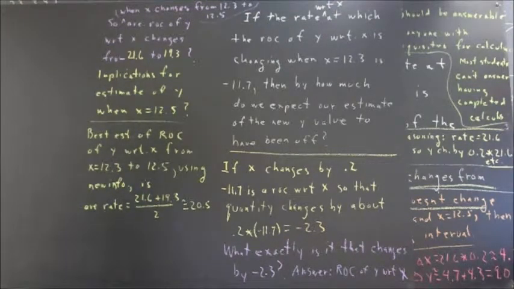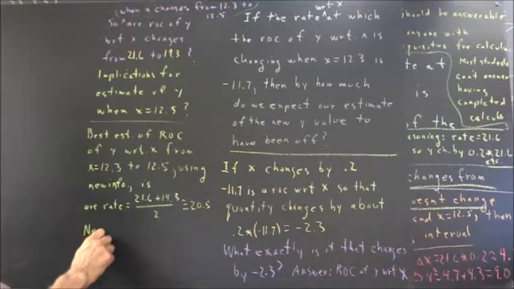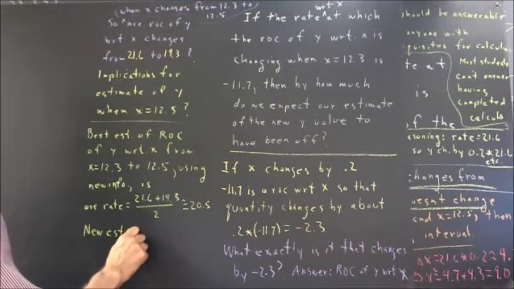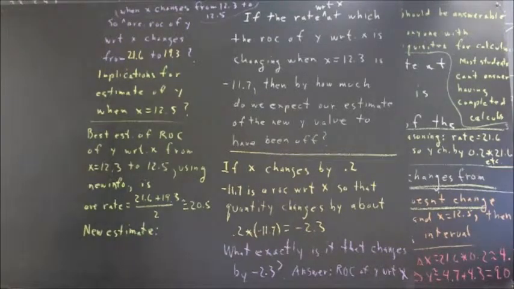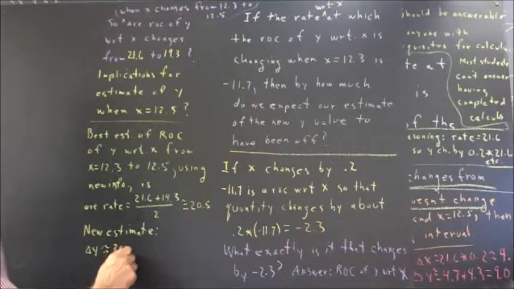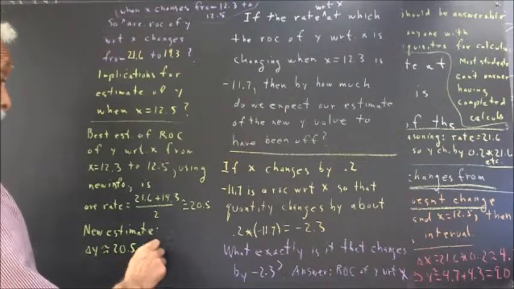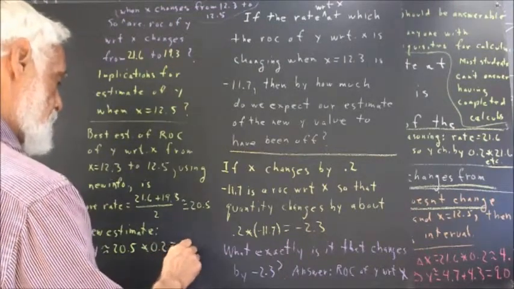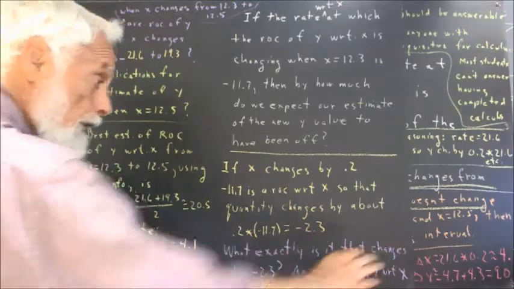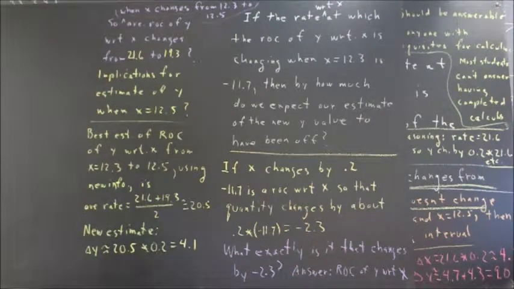So what's our new estimate? Again, you want to think that through before you watch me do it. The change in y should now be approximately 20.5, which is our new rate of change, times our x interval, 0.2, which equals now 4.1 rather than 4.3.